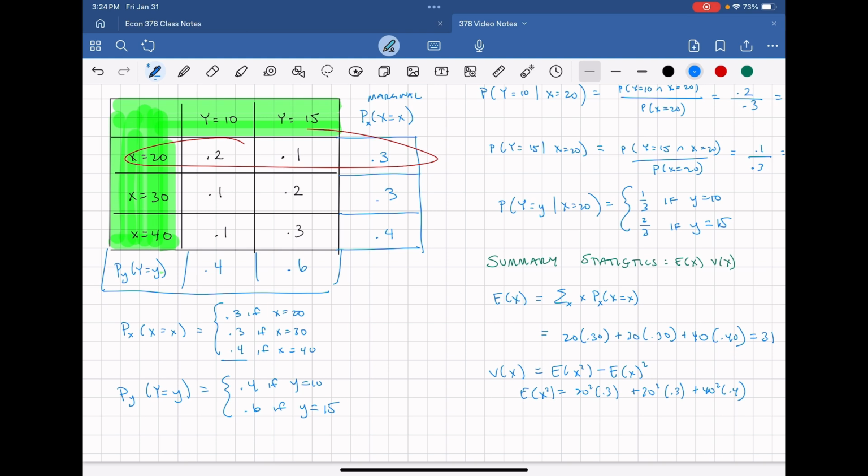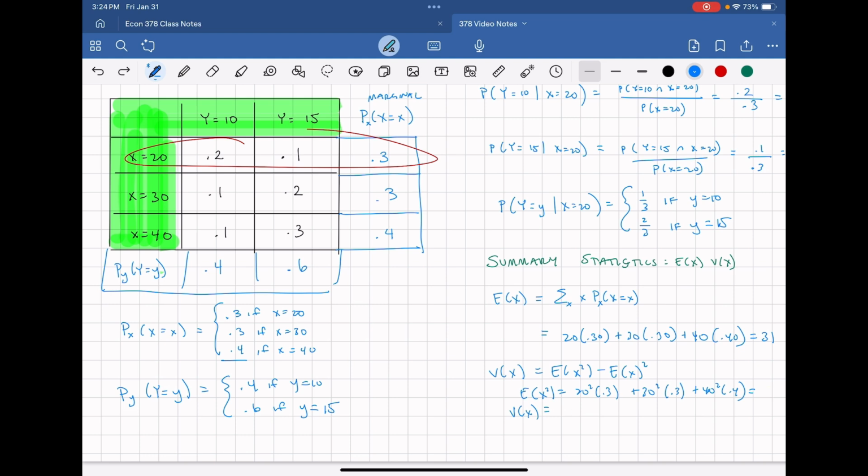And that's the expected value of x squared. So the variance of x is that number.